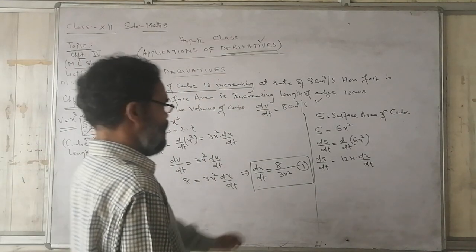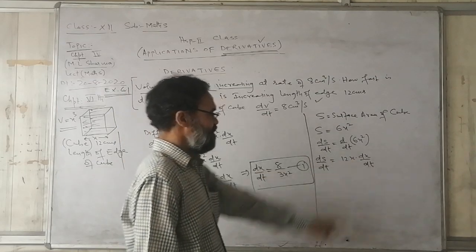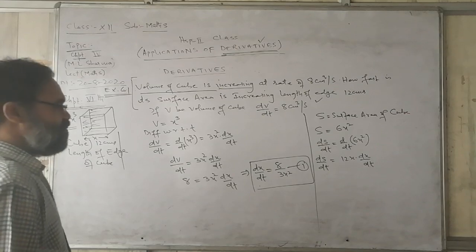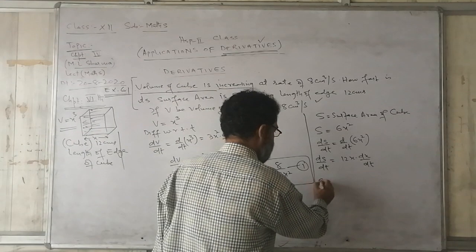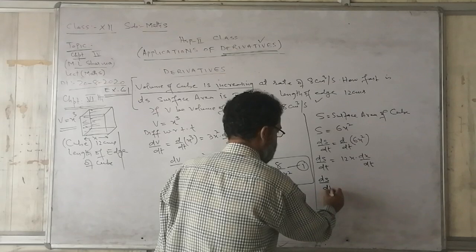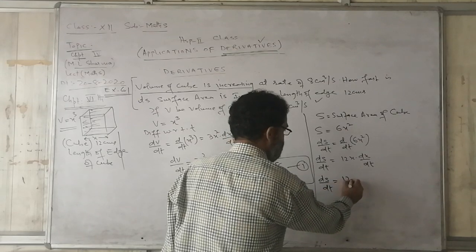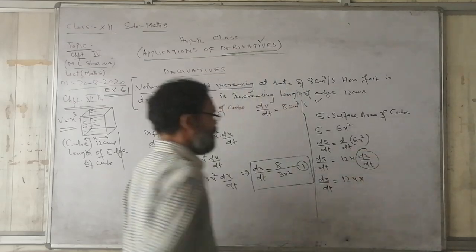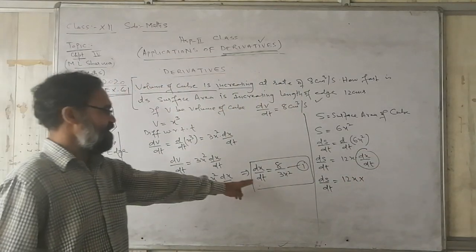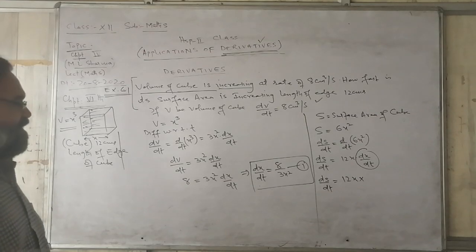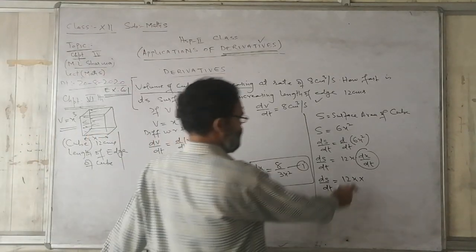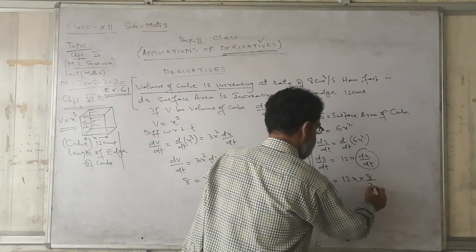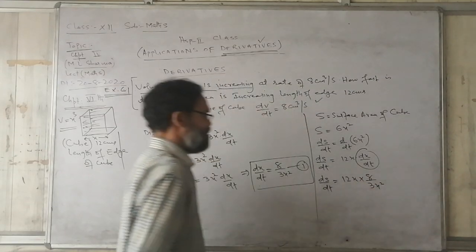So this will be the case of rate of change of increase in the surface area of the cube. Now dS upon dt, which I have to find, is equal to 12x into this value. dx upon dt is already calculated by me, so I can write instead of dx upon dt, 8 upon 3x square.